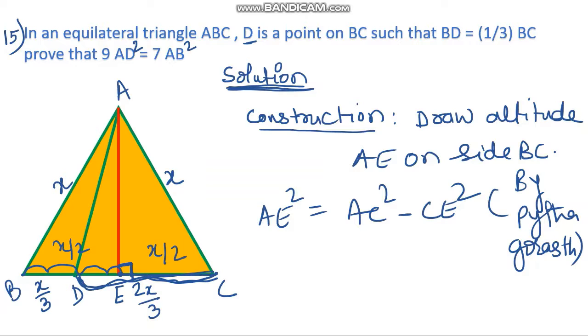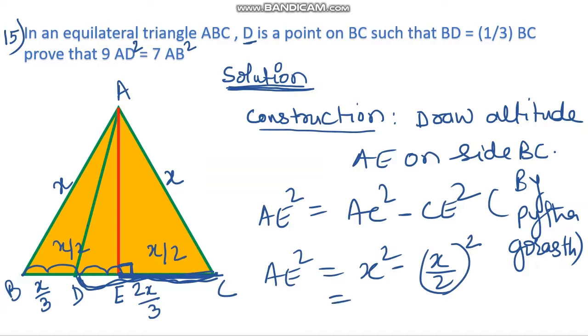So AE square will be equal to AC square, which is X square, minus CE square. Here CE square is X by 2 whole square, isn't it?